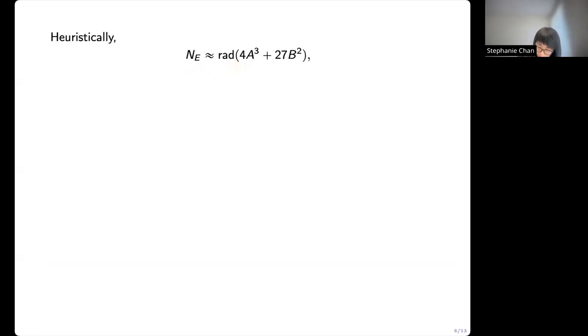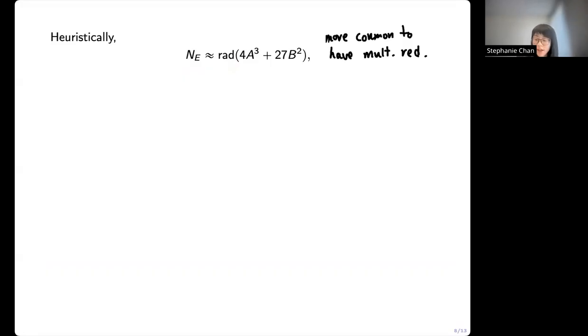This is because it's more common to have multiplicative reduction than additive reduction. So we expect that the conductor is almost square-free in some sense.